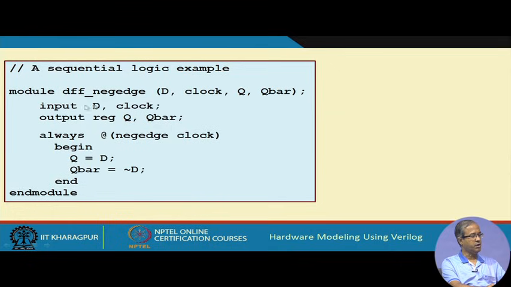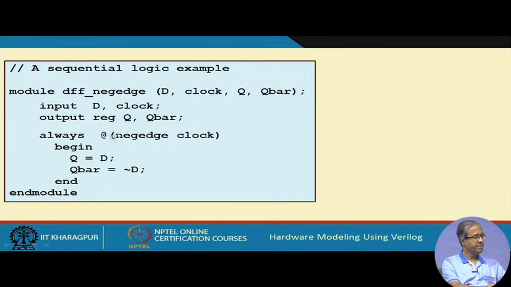D and clock we are declaring as inputs, and both Q and Q bar we are declaring as output reg. Of course, we could have done what we saw in the earlier examples, where we declare Q as reg and generate Q bar by using an assign, not of Q. But here we have chosen to just assign Q and Q bar both inside the always block. This is also a correct description.